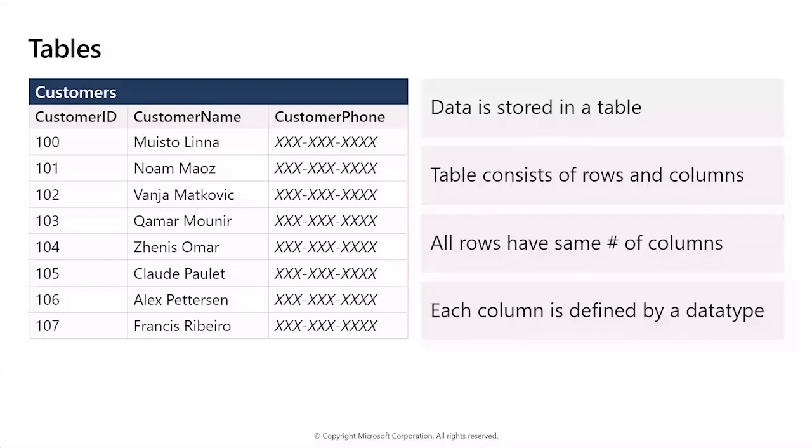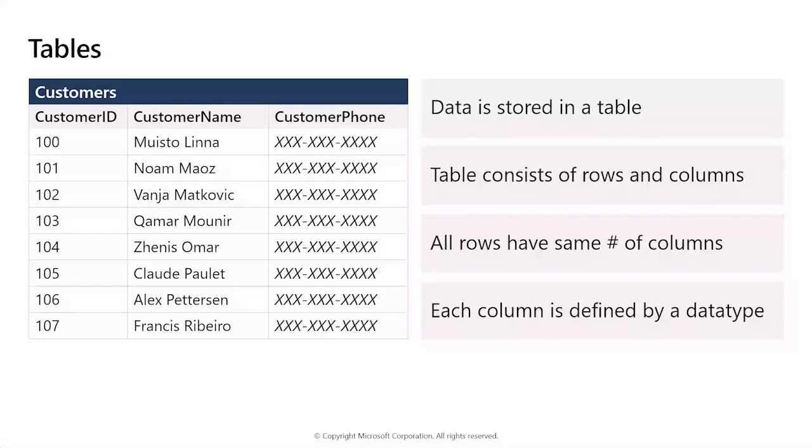Now, a table contains rows, and each of these rows represents a single instance of an entity. What that means is each row in this customer table contains data for a single customer, each row in the products table will define a single product, and each row in the orders table will represent an order made by that customer.